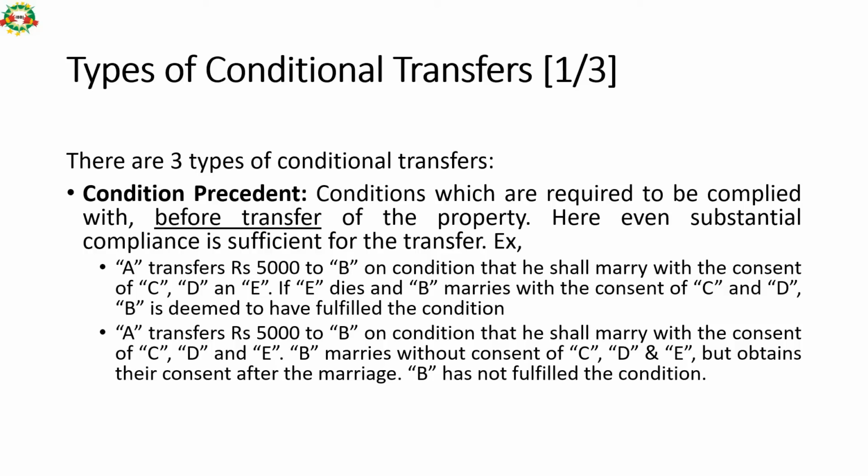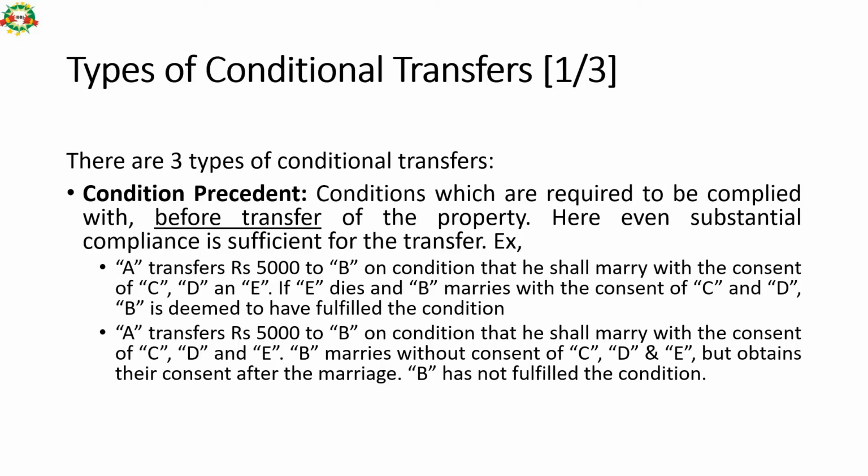For example, A transfers rupees 5,000 to B on a condition that he shall marry with the consent of C, D and E. If E dies and B marries with the consent of C and D, B is deemed to have fulfilled the condition. I told you that you will get married after taking permission from three persons, C, D, E.